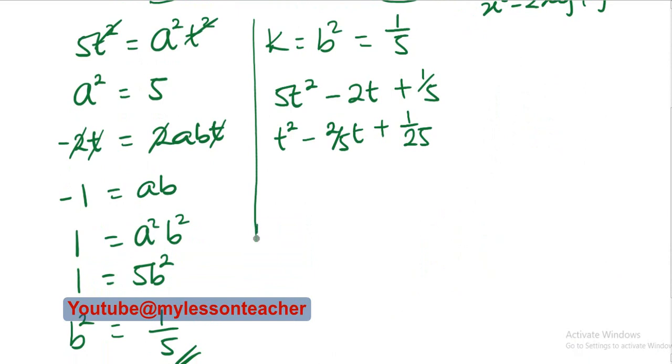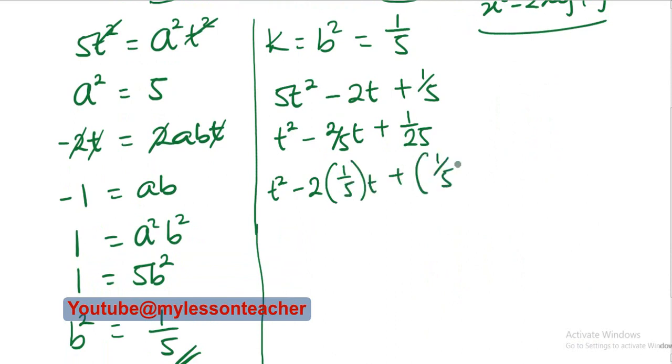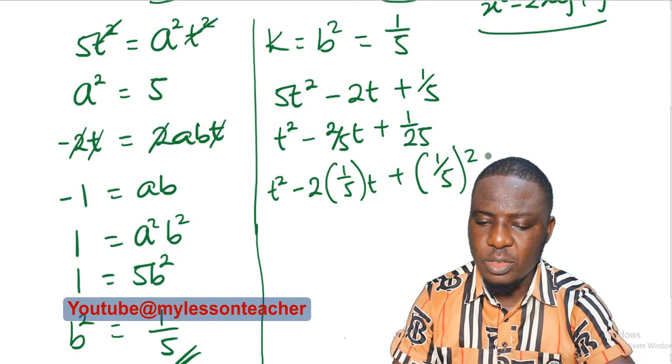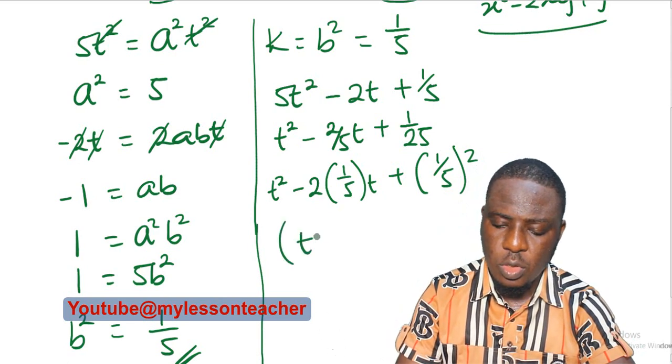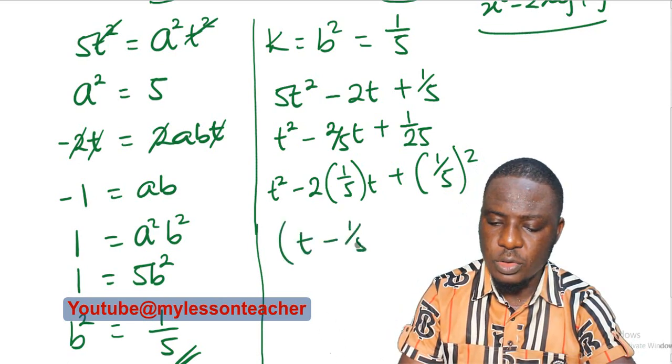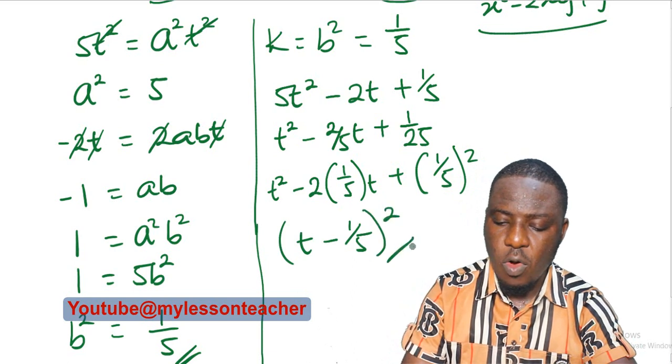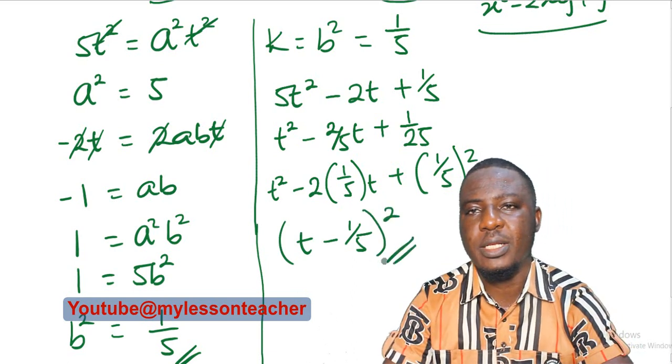Writing this in this form, it becomes t squared minus 2 into 1 over 5 t plus 1 over 5 squared. And when that has been done, this is equal to t minus 1 over 5 all squared.